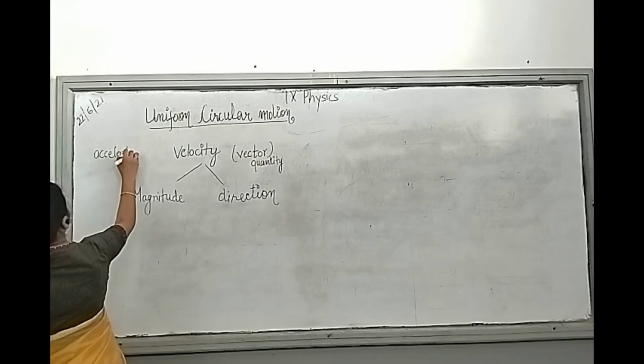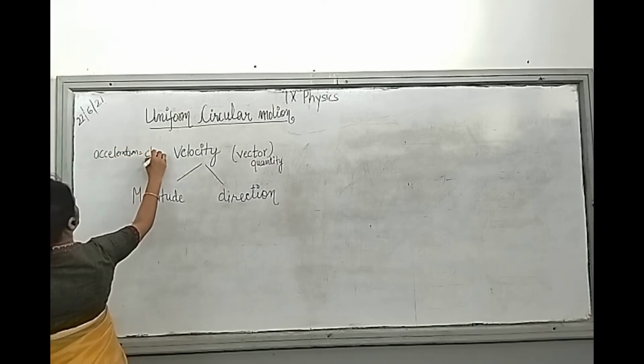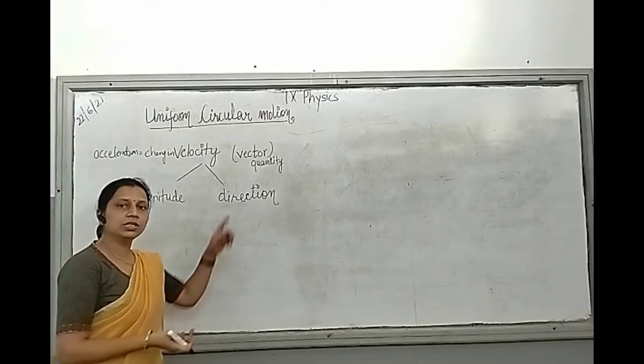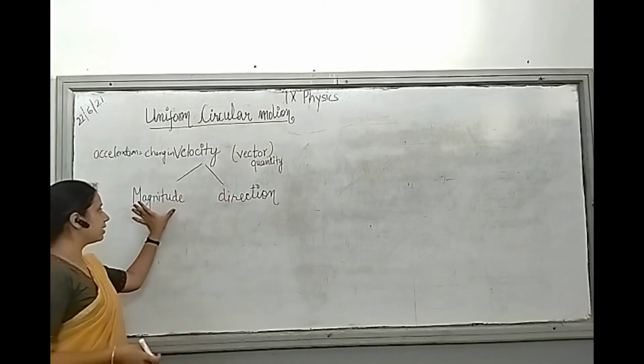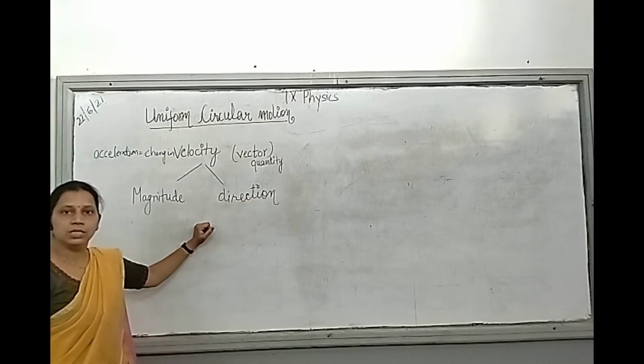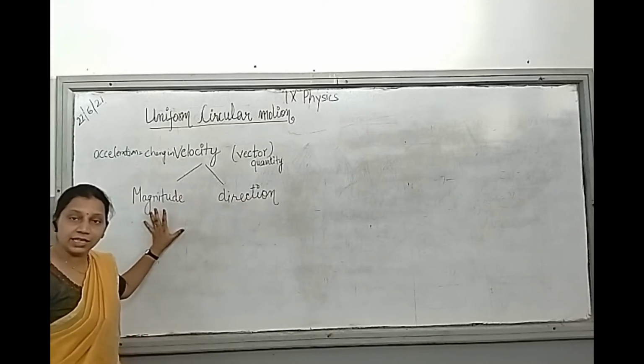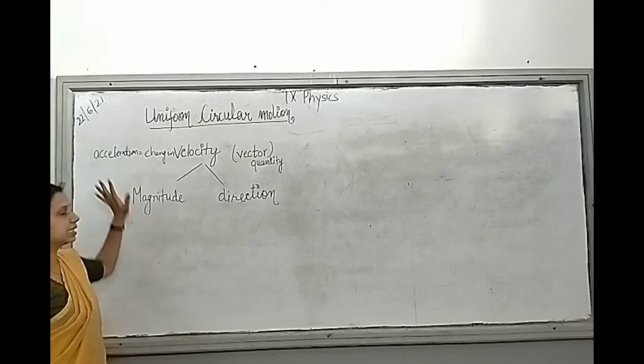So I can write here, acceleration is change in velocity. Now this velocity has two parts. It has magnitude and also direction. And that simply means if I change any one of the parts, then what I should have? Acceleration.